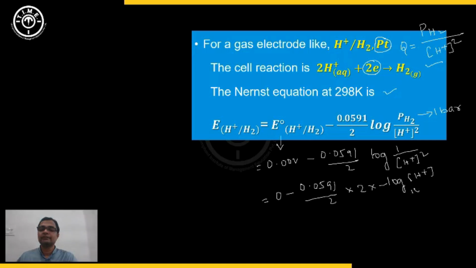Here the two terms get cancelled and you will get minus 0.0591. Negative logarithm of H plus ion concentration is called pH.